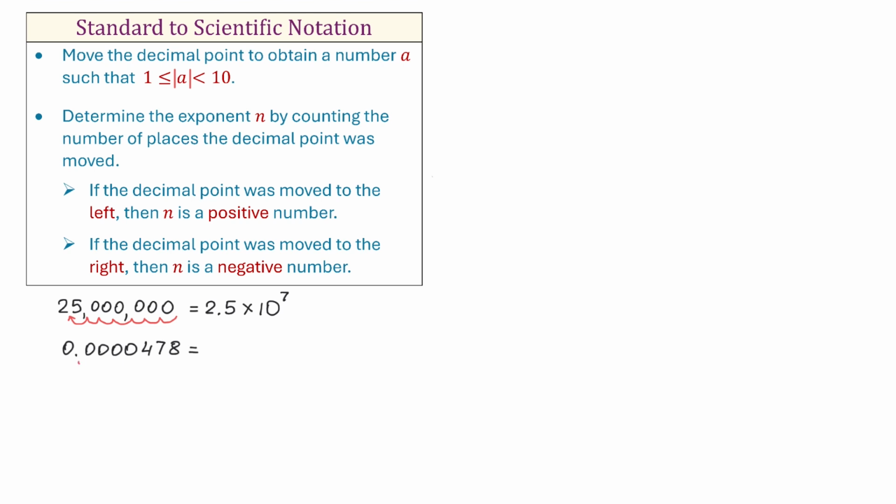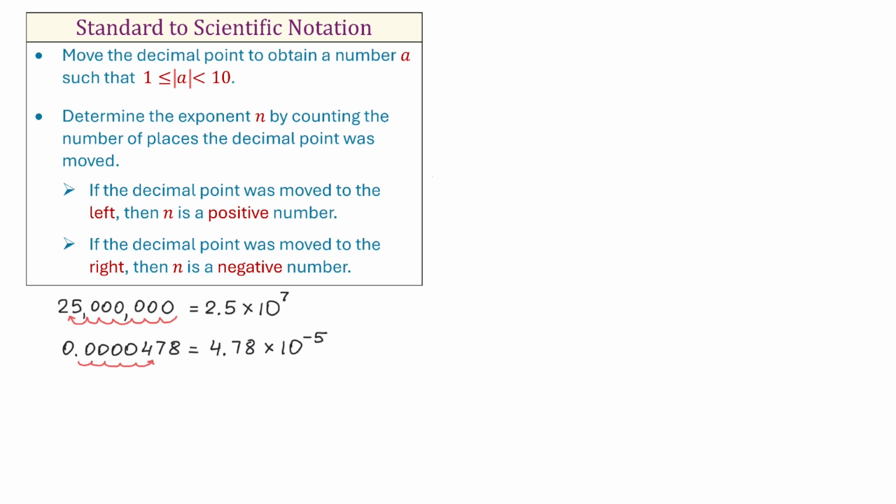So we will move the decimal point 5 places to the right to obtain the number 4.78. And indeed, this is a number that is greater or equal to 1 and less than 10. And now we will multiply this number by 10 raised to an exponent. And because we moved the decimal point 5 places to the right, the exponent will be negative 5.